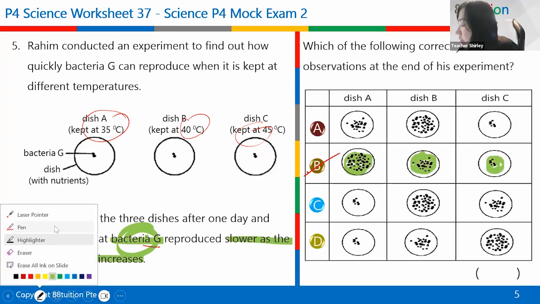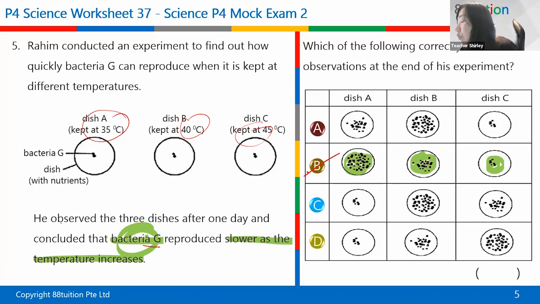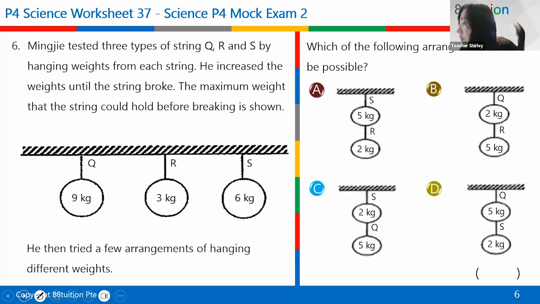When you culture a bacteria, the growth is slower, means that there will be lesser clusters of bacteria. So in this case, yes, the answer is B, because if you notice, it's going to be lesser and lesser. Because over here tells you that the temperature increases, it will reproduce slower. So there'll be lesser clusters of bacteria. Actually, they call it colonies of bacteria.